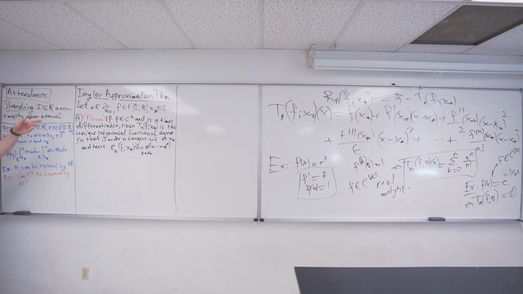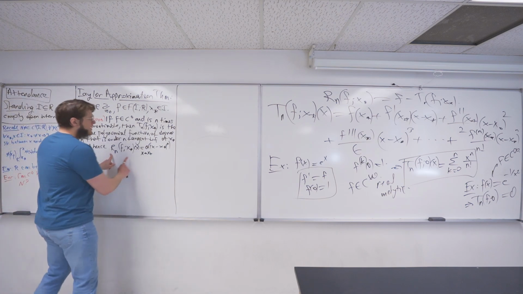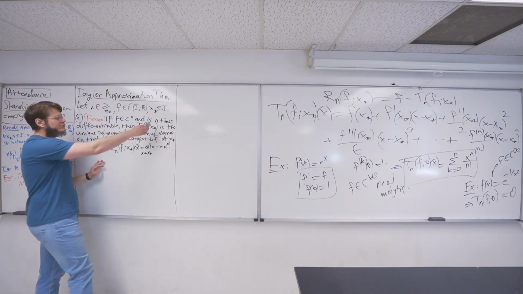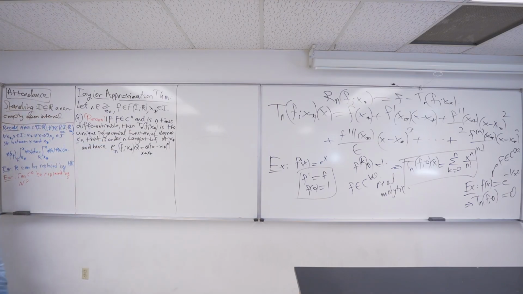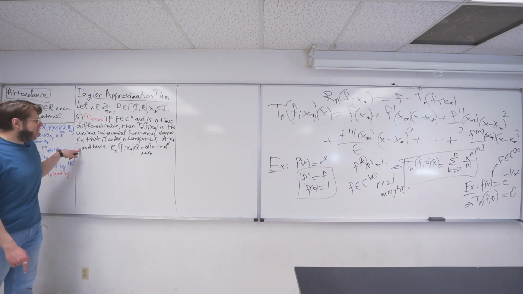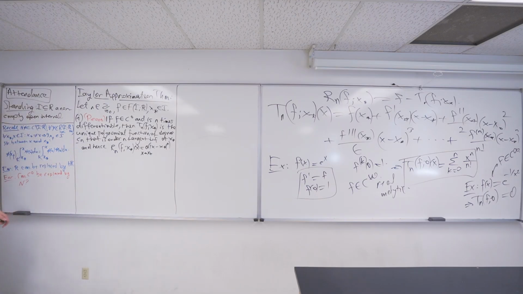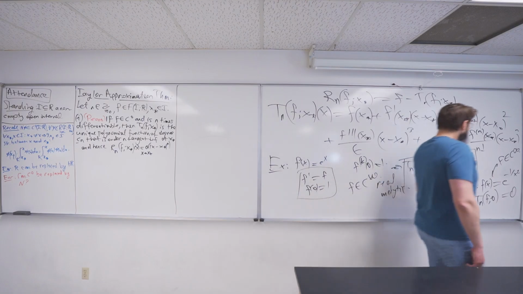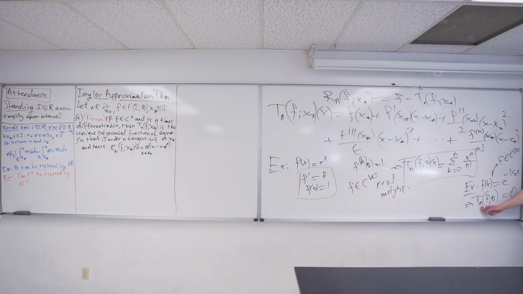So the first is the Peano form of the remainder. It says this. If I have a continuous function and it is n times differentiable, then the nth Taylor polynomial is the unique polynomial function of degree at most n that is order n tangent to f at x star. For instance, for any n, the order n Taylor polynomial can be degree 0.